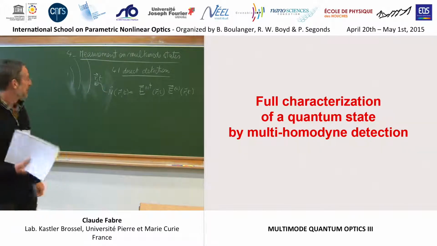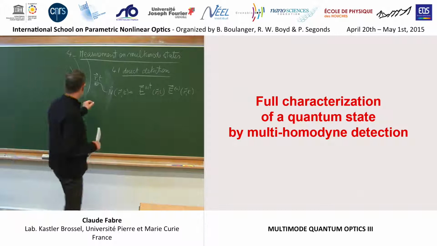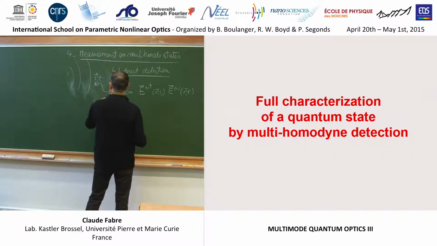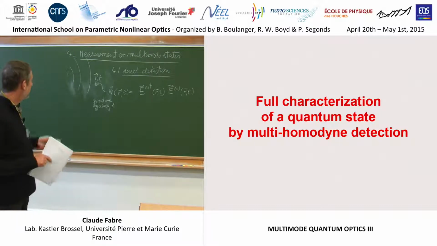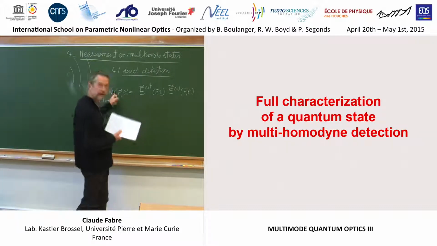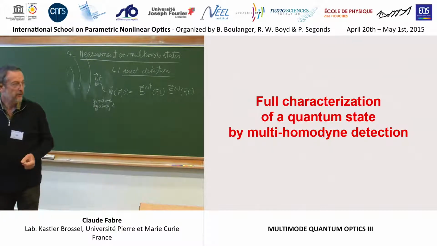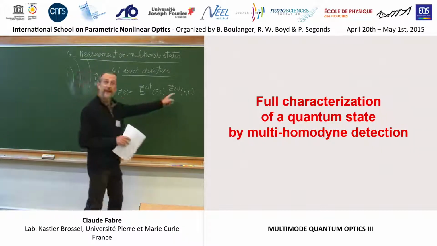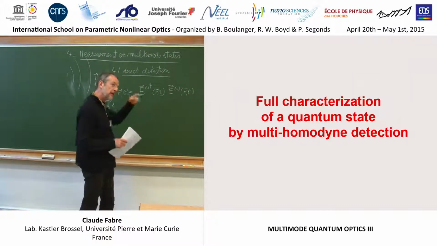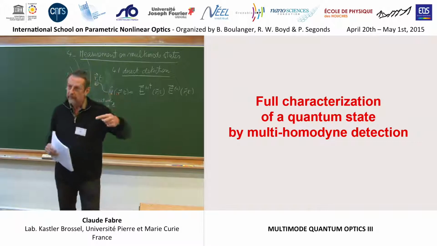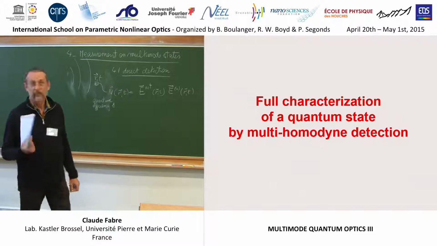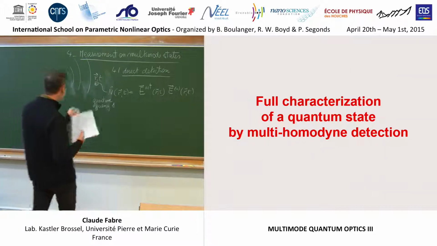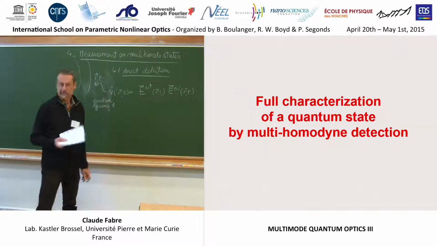And then it was shown later that if you use detectors with quantum efficiency 1, which exists or close to 1, then not only is the mean of the number of excitations which is recorded proportional to the mean of that in the quantum state, but this kind of operator is useful not only for the mean, but for the variances, the correlations, and all possible measurements that you can do with that. So you have access to the observable N.